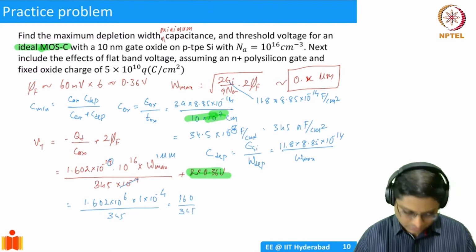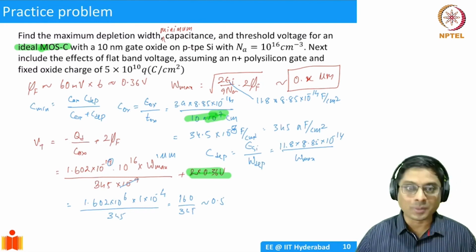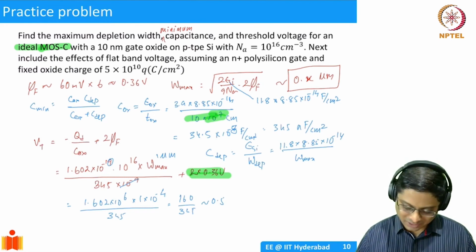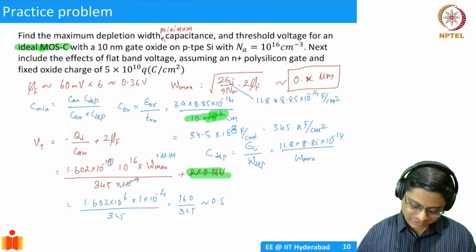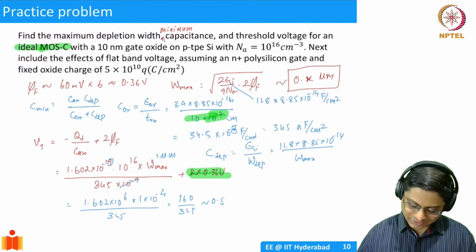Okay, check it out, how much this is going to be. Approximately 0.5. Something like that. I don't know what exactly W max is. W max may not be 1 micron. If it is 3 times smaller, it will be 0.2. Okay, 0.2, something like that.